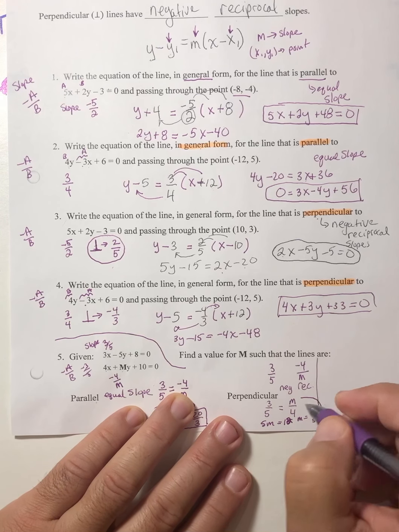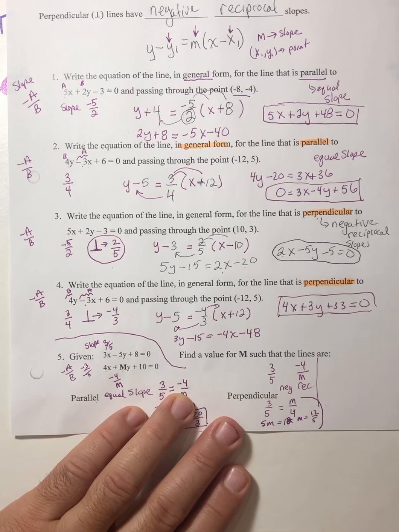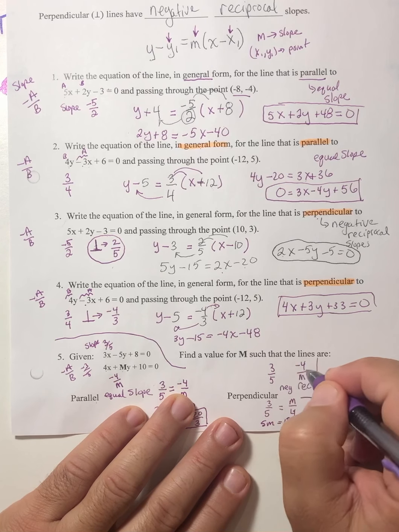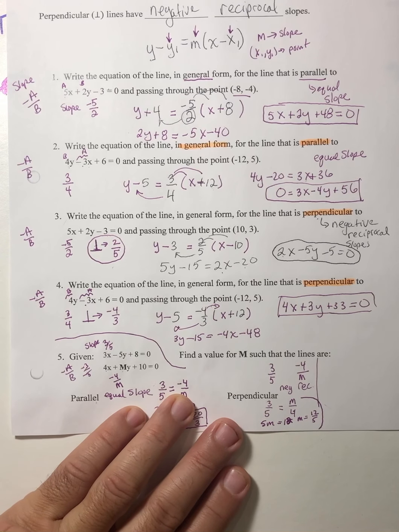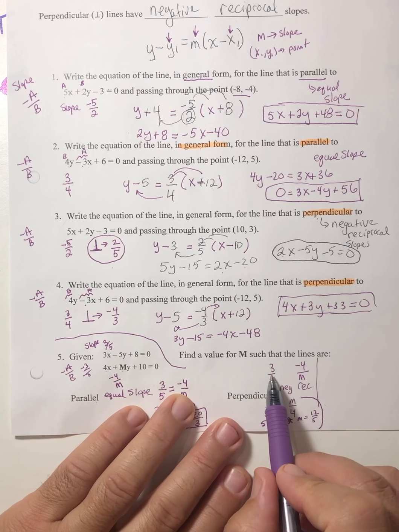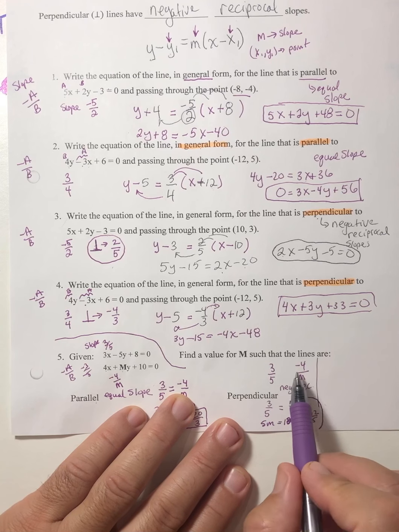Just literally take one of your fractions and flip it and then set them equal. The other way is to simply multiply these two together and set it equal to negative 1, because if you multiply negative reciprocals together, they should equal negative 1.